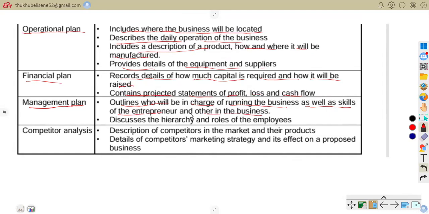Maybe the owner has 10 years of baking experience, let's say. It also explains employee roles and hierarchy. As it says, it discusses the hierarchy and the roles of the employees. Meaning to say, it shows the organizational structure that you're going to have: manager, supervisor, bakers, cashiers. That is what all these are under the management plan.